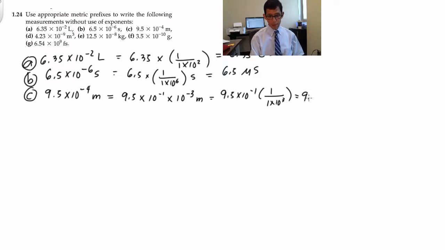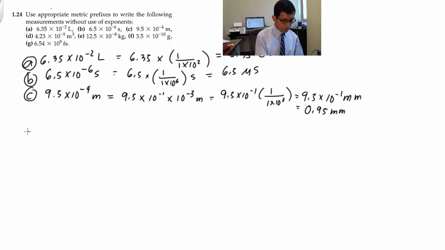So that's like 9.5 times 10 to the negative 1 millimeters. But we still have that 10 to the negative 1. To get rid of that times 10 to the negative 1, that's like divided by 10, isn't it? So we move one decimal place to the left, so that becomes 0.95 millimeters.